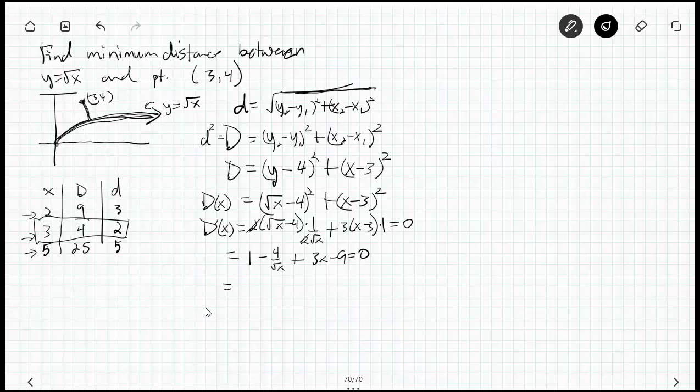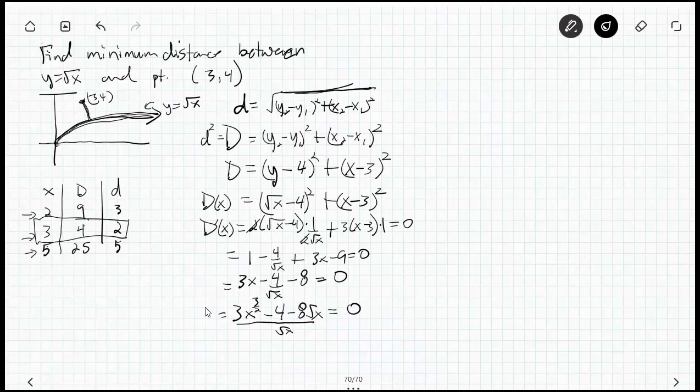This is going to be 3x minus 4 over root x minus 8 equals 0. This is going to be 3x to the 3 halves, if I find a common denominator, which is what I'm doing right now, minus 4 minus 8 root x. This whole thing is over the square root of x, and this thing equals 0.